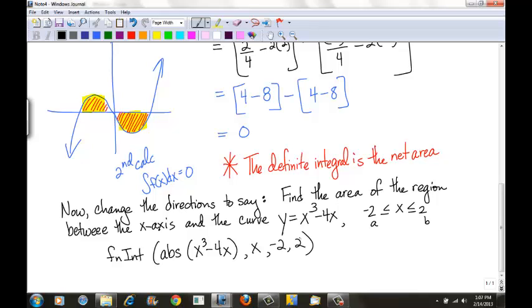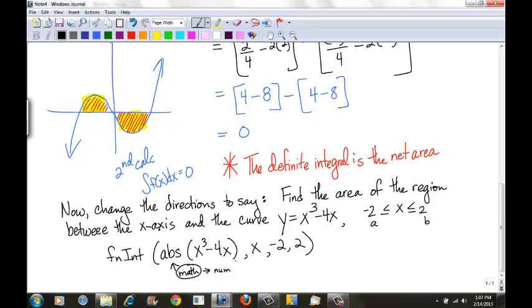So let's do FNINT, math 9, and let's do the absolute values. That's under the math key, and you right arrow over to number and pick the absolute value, and then put in your equation.